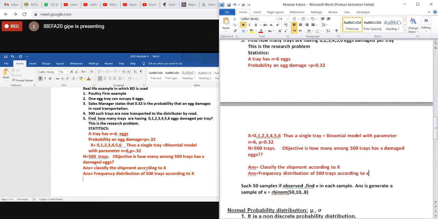So the poultry farm manager asked the statistician how to classify 500 trays with respect to damage. You will see at the end how research and statistics help to improve business.